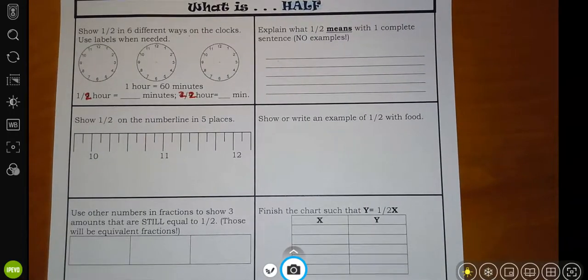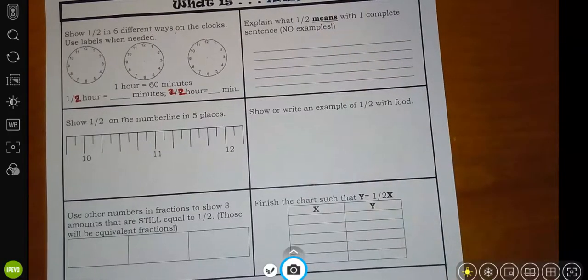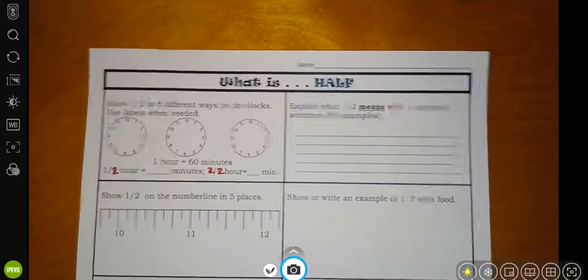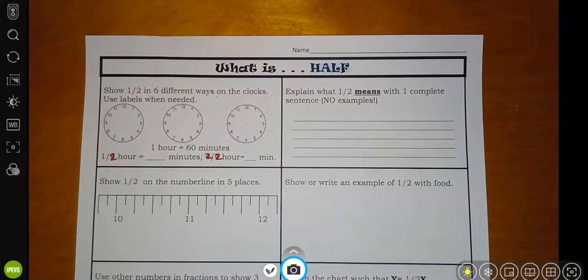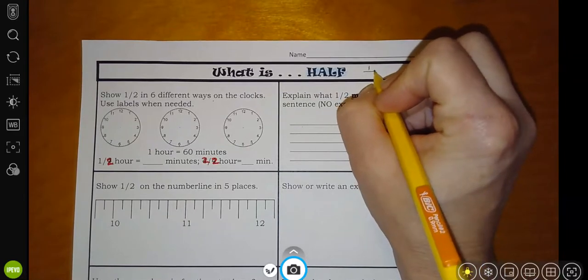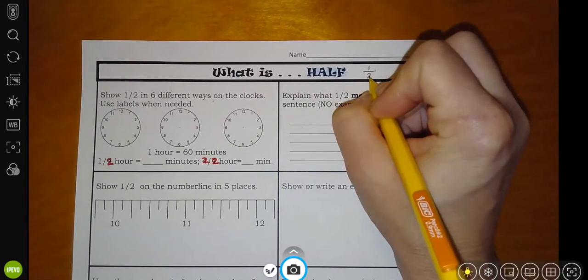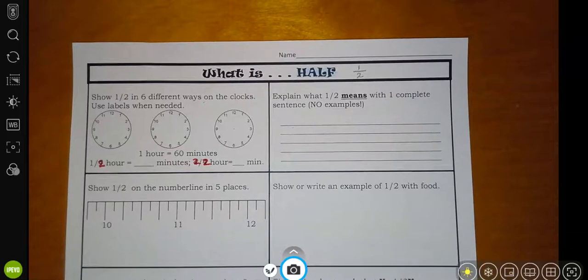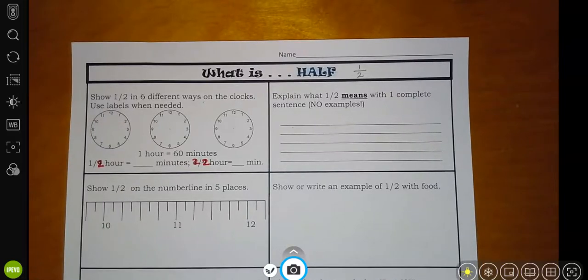If you were to write the amount half, what would it look like? And yes, I do want you to make sure that your paper looks like mine. So the amount half has a 1 on the top, a line, and a 2 on the bottom. This is how we are accustomed to seeing the amount half being written.